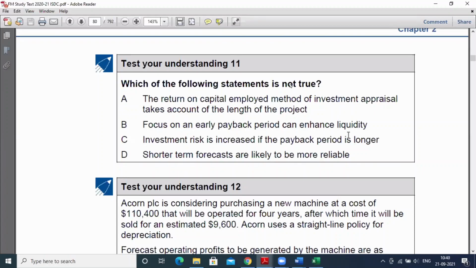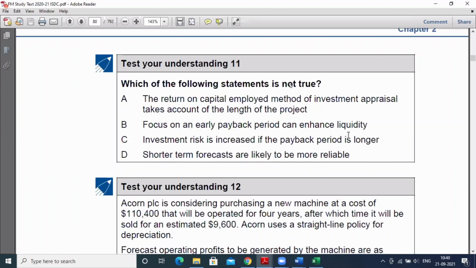It will take the total life of the project, right? And focus on an early payback period can enhance the liquidity. Suppose your project can pay back your investment in less time, definitely the company's liquidity position will be increased.